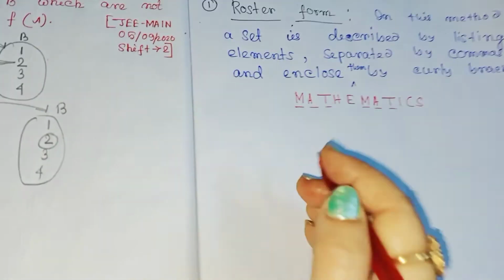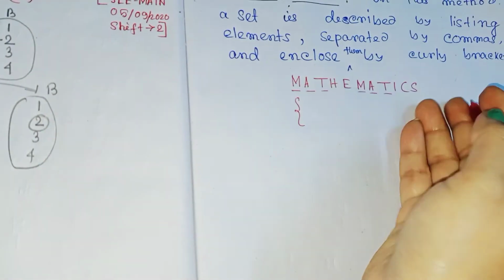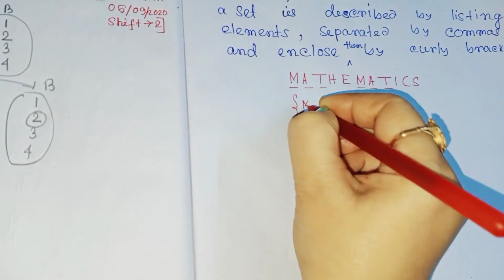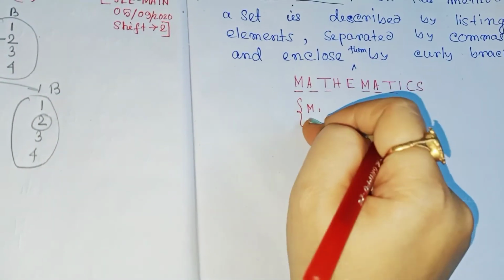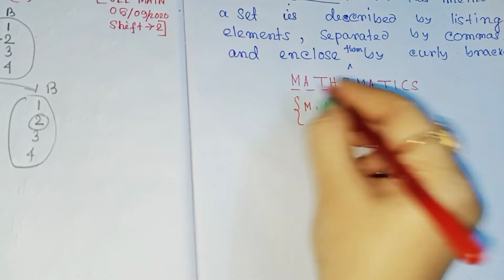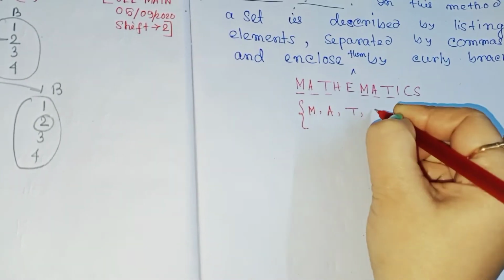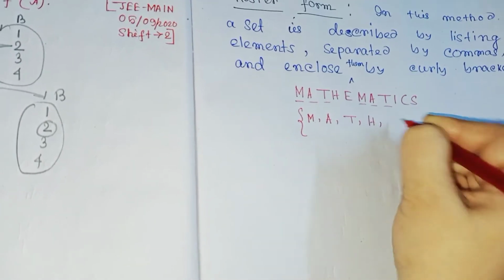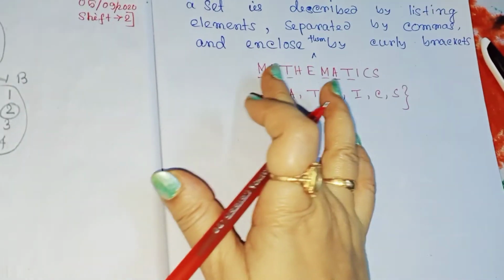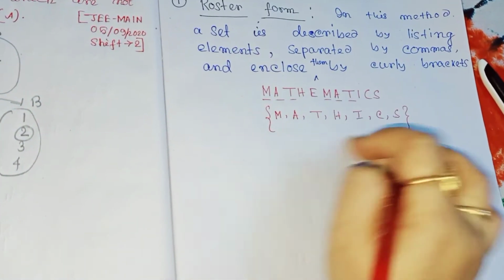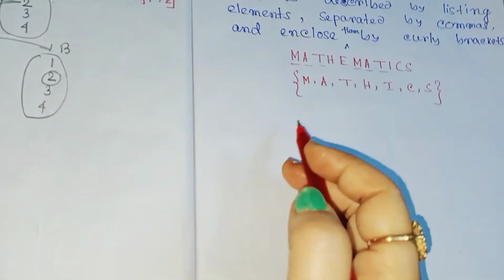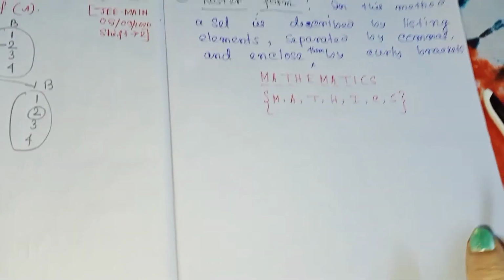So when we describe mathematics in set form, I write one M standing for 2 M's, one A standing for 2 A's, and the remaining elements, that is T, H, I, C, S. This is the set of the letters in the word mathematics.